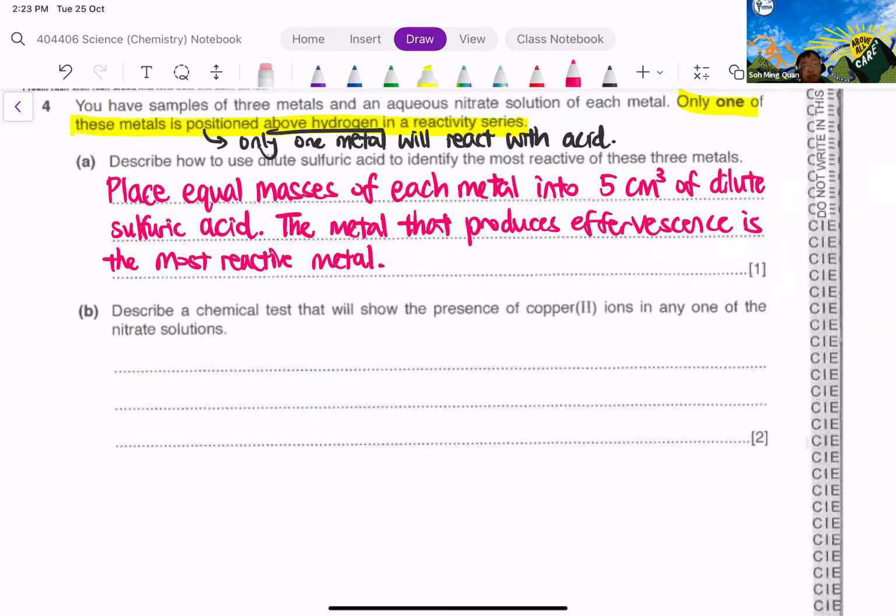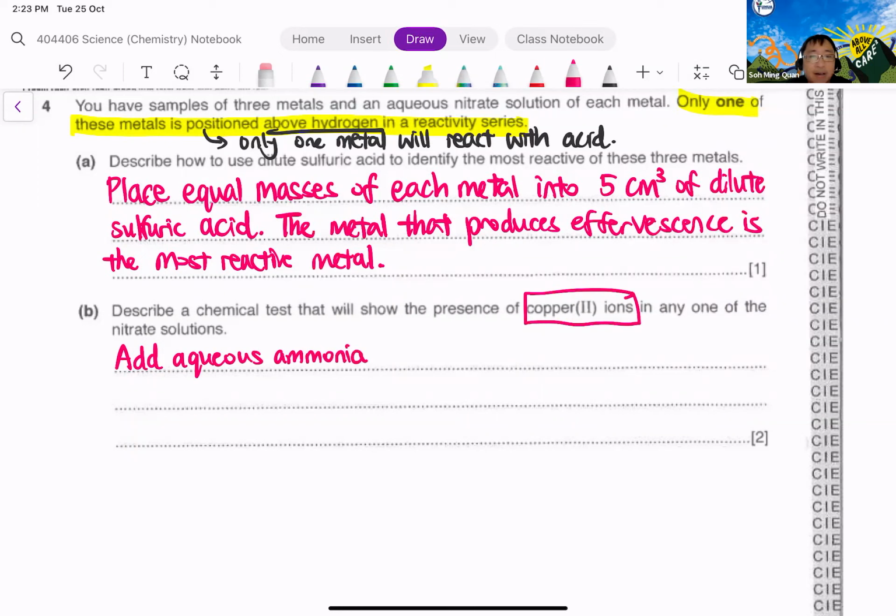Now, part B, describe a chemical test that will show the presence of copper-2 ions. So this is QA, right? Going back to QA. Now, this is not difficult. I'm sure you know how to test for copper-2. So for example, you can add aqueous ammonia. You know that aqueous ammonia, aqueous NaOH can be used to test for copper-2 ions.